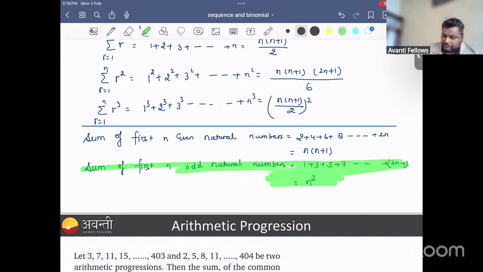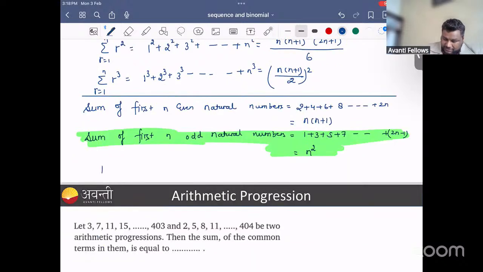Very important. Got it? And last, very small thing, 1 plus 2 plus 3 up to 100 is equal to 5050.